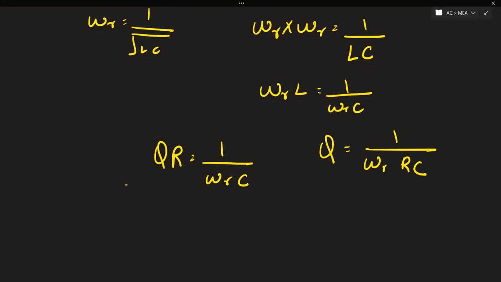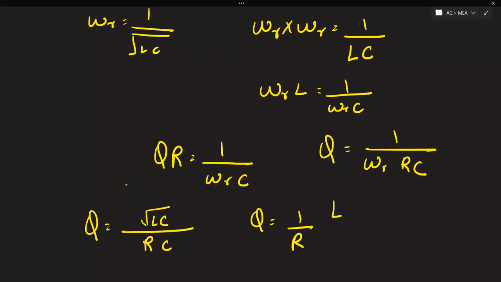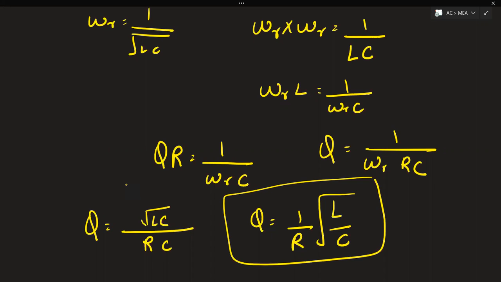It was 1 by under root LC. So this becomes under root LC. Here you already have RC. If you rationalize this, finally you'll get 1 by R left outside, under root L left in the numerator, and the root will come for C in the denominator. This is one of the formulas that is required.